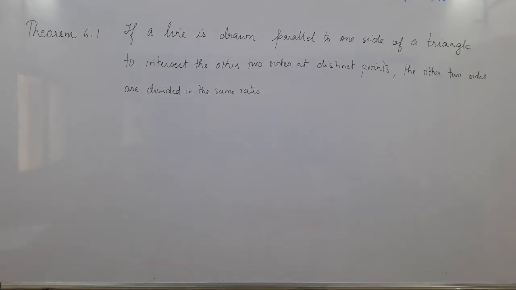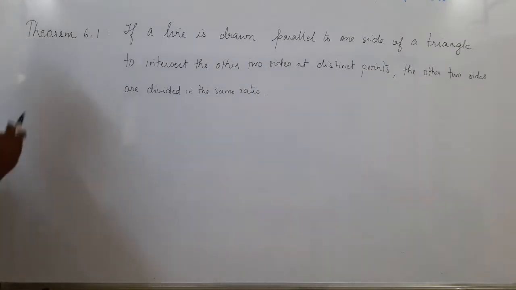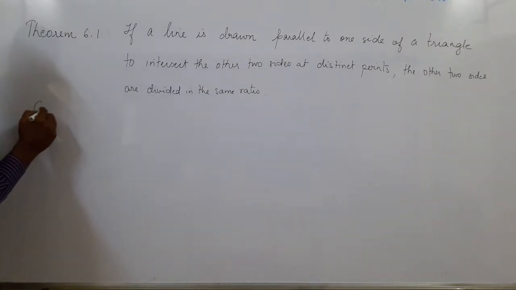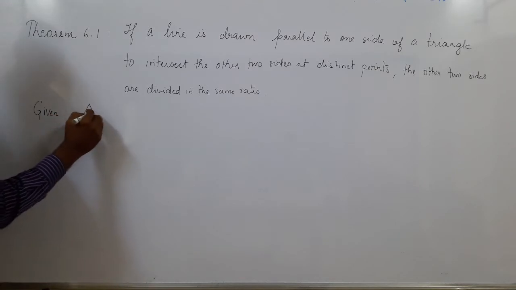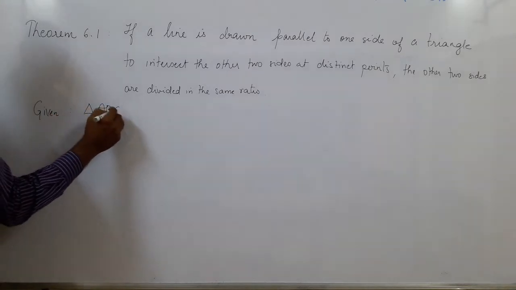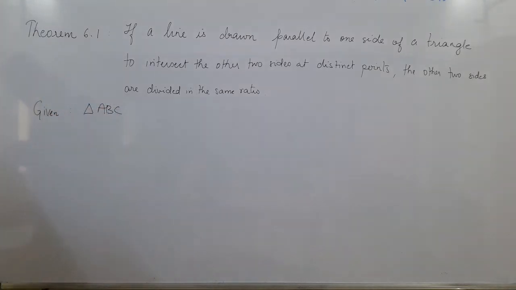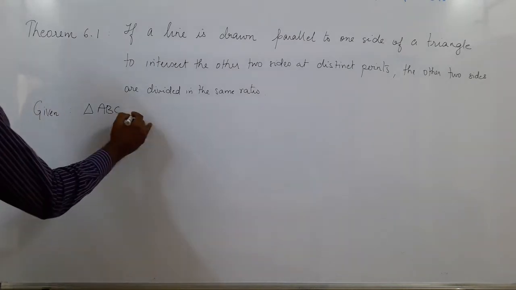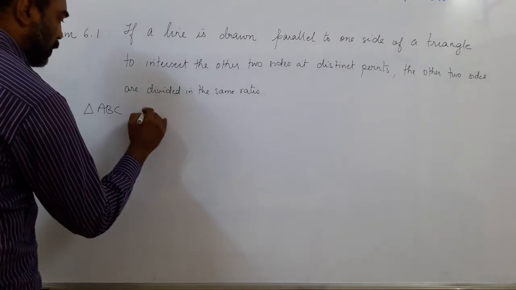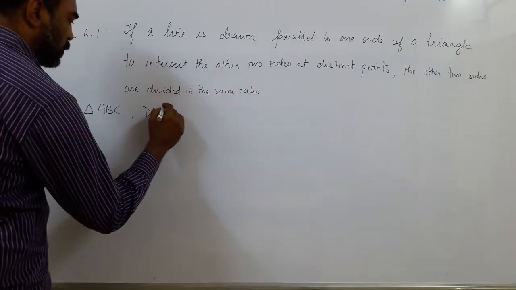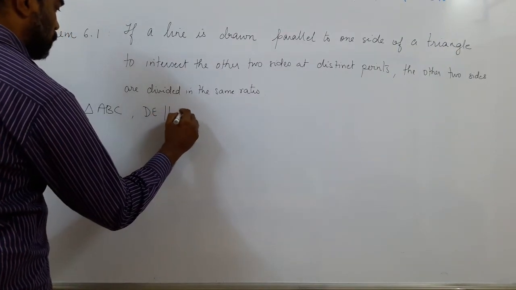So in this theorem, what is given to us? First you write down what is given to us. Let us say triangle ABC. Triangle ABC is given to us, and we will write DE is parallel to BC.